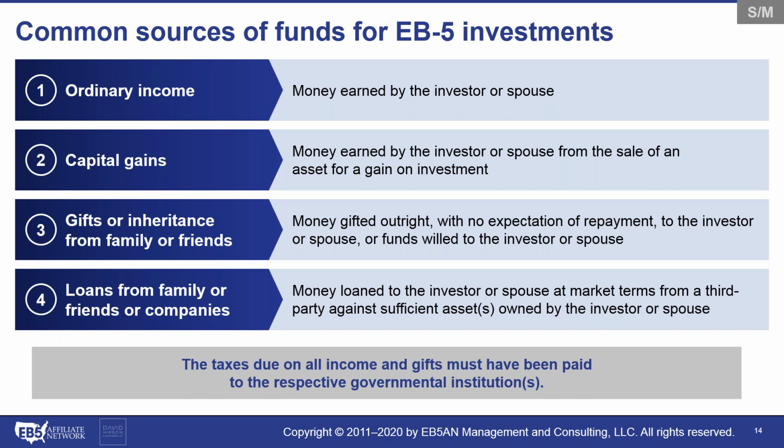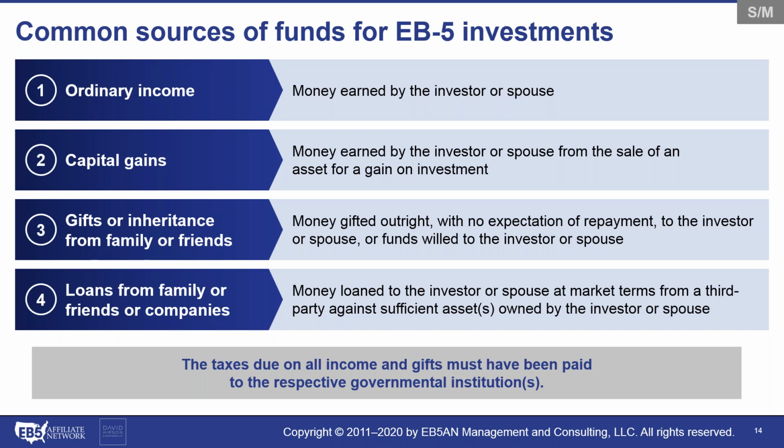Thank you, Mike. As we dig into the different common sources of funds, in most investors' situations, there are typically 4 different potential sources. First, ordinary income. That's just working at a job, getting paid a salary. Second, capital gains. You buy a stock, it goes up, you sell it, you have liquidity, and you use those funds to invest.